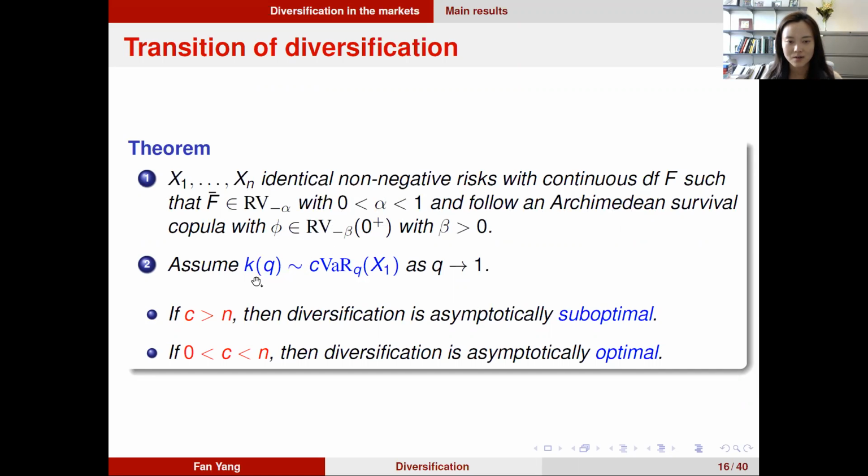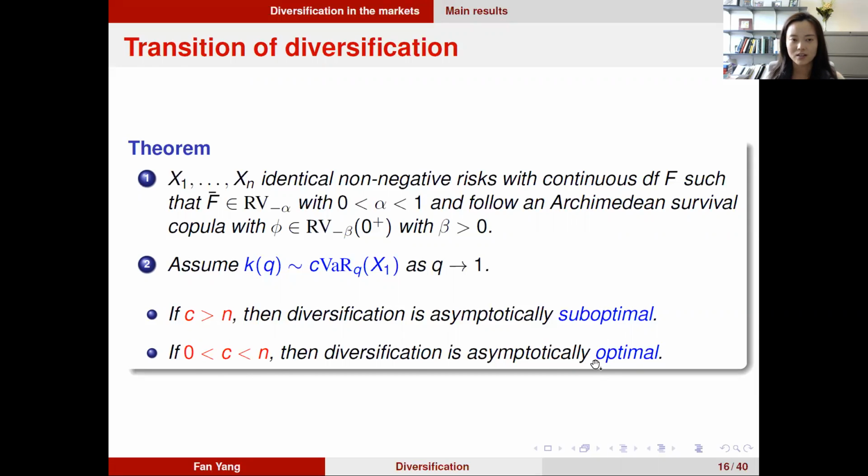Also, there's a key assumption that we assume the liability grows with the VaR at the rate of C. And this coefficient C plays a role to characterize the diversification. So if C is bigger than N, where N is the number of risks, the diversification is suboptimal. But if C is less than N, then the diversification is optimal.